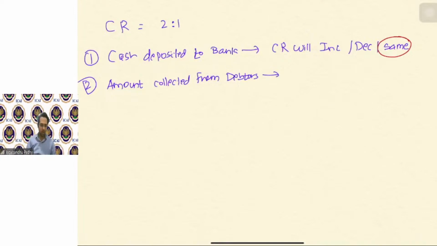So what will be the impact on current ratio? Tell me, will the current ratio increase, decrease, or is it going to remain same? You're collecting some amount from the debtors. What will happen to your current ratio? Is it going to increase, decrease, or is it going to remain same?